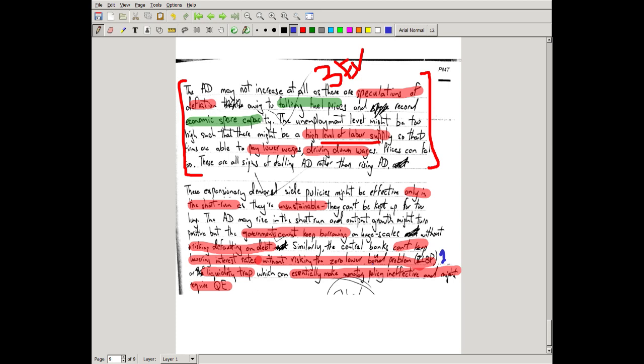Not quite, but the essence of the zero lower bound problem is that if you have lowered the interest rate far too low, for instance, if your interest rates are at 0.5%, as they are in many countries around the world right now, I think even in the US, and you want to induce even more growth, then you cannot quite reduce your interest rate any further, because you are already at the borderline.